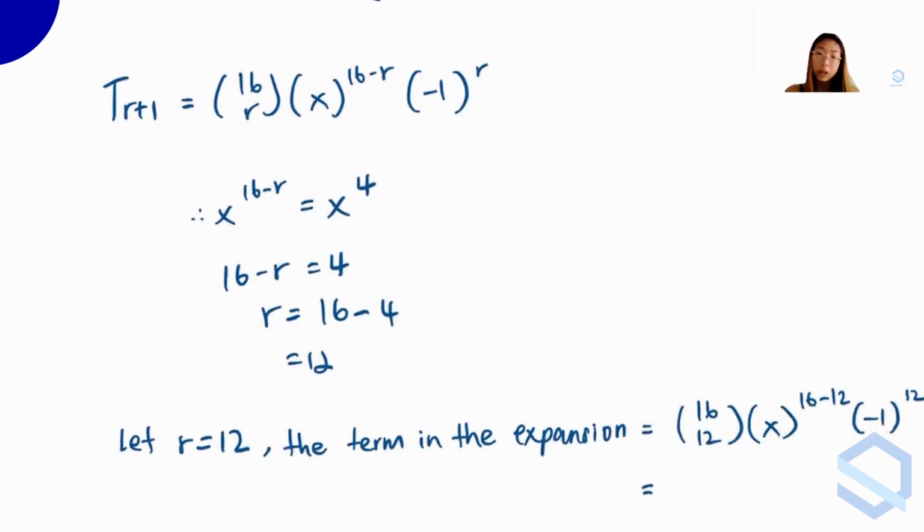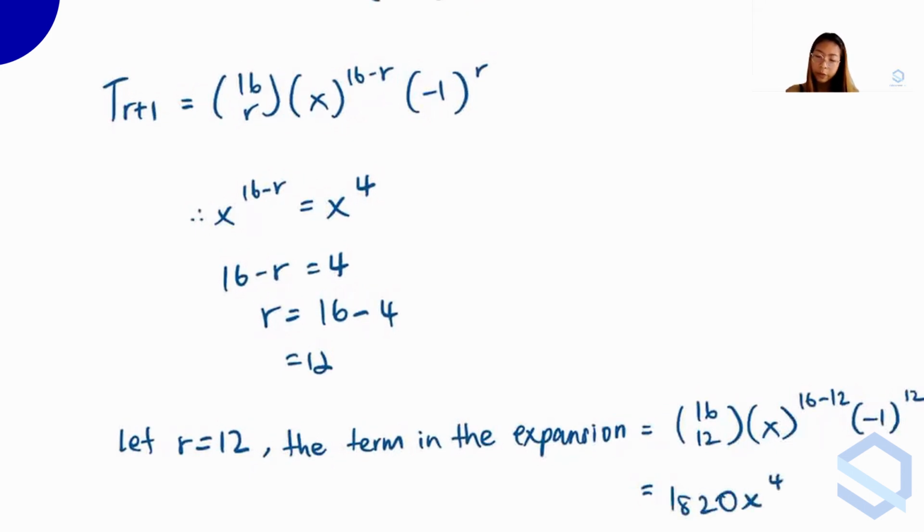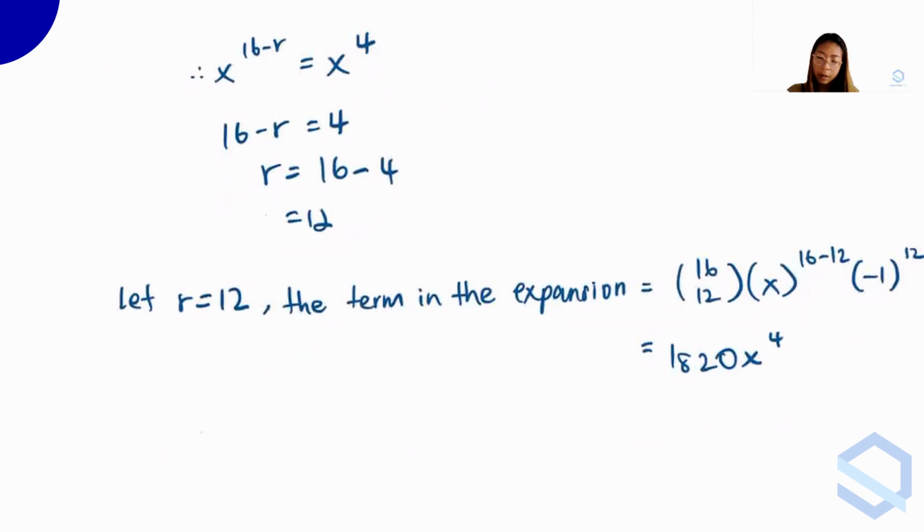So we'll actually get 1820 and our x would be to the power of 4. But this is not our final answer as the question asks for the coefficient of x to the power of 4. So it means that the coefficient of x to the power of 4 would give us 1820.